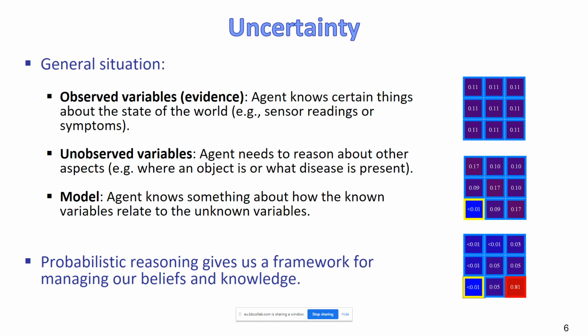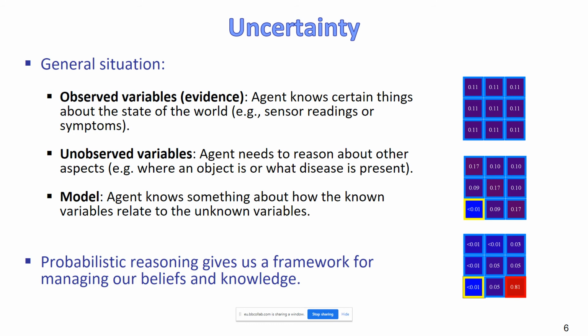The other type is, of course, unobserved variables that we don't know their values. So we are not certain about them. Like what is the cause of the disease? Whether this email is spam or not. Where is the ghost? So all of these are variables, but we don't know their values. We call them unobserved.